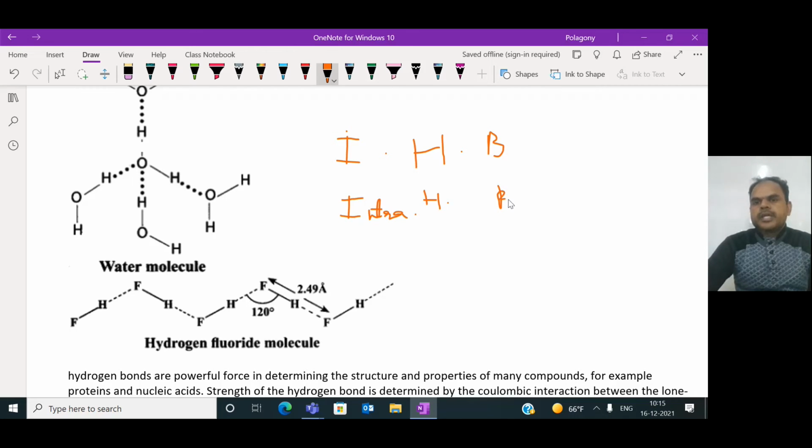These are the two types of hydrogen bonding we say.